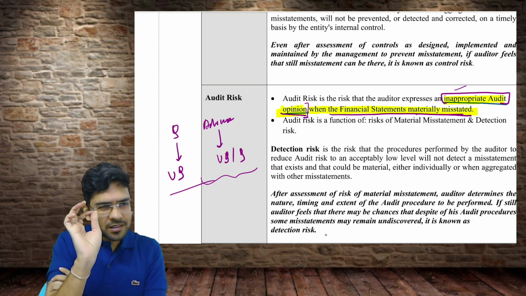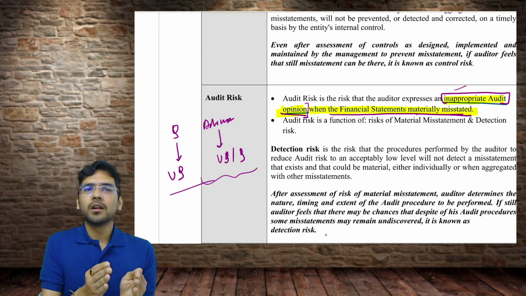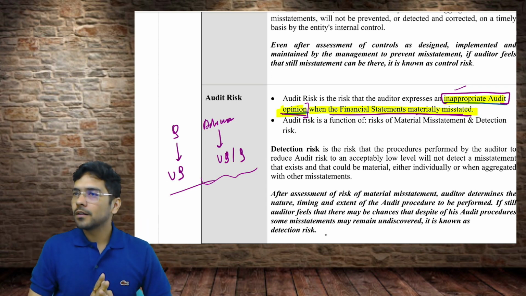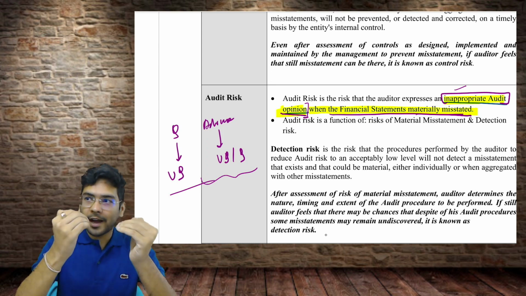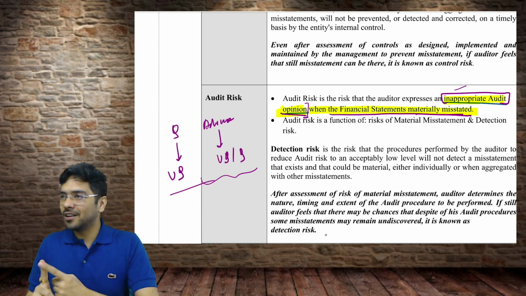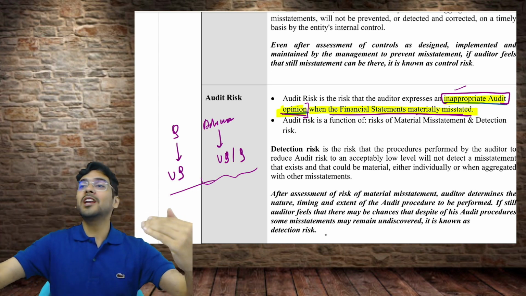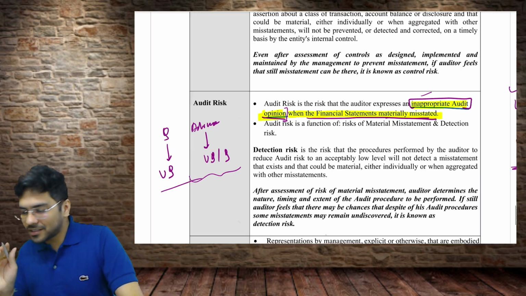Now I want to ask you all, when you are the auditor, would you ever want to express an inappropriate opinion? So in simple words, would you want your audit risk, the chance of you expressing an inappropriate opinion, to be low or high? You would want it to be low. Yes.